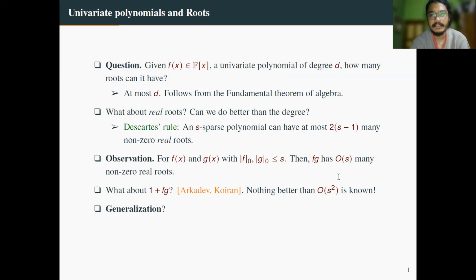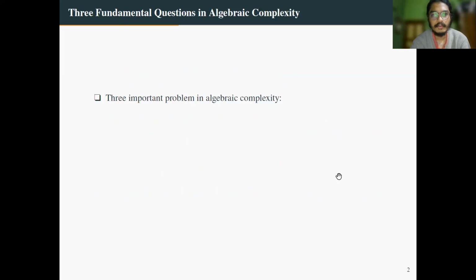So the question is, can we generalize this question? And obviously, does this question have any connection to complexity theory or algebraic complexity theory? Before going to that, there are three important problems in algebraic complexity theory. First, lower bound questions, matrix rigidity and VP versus VNP.